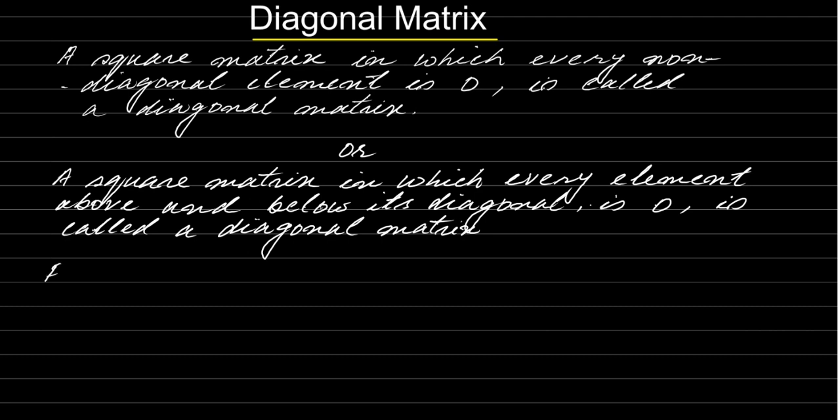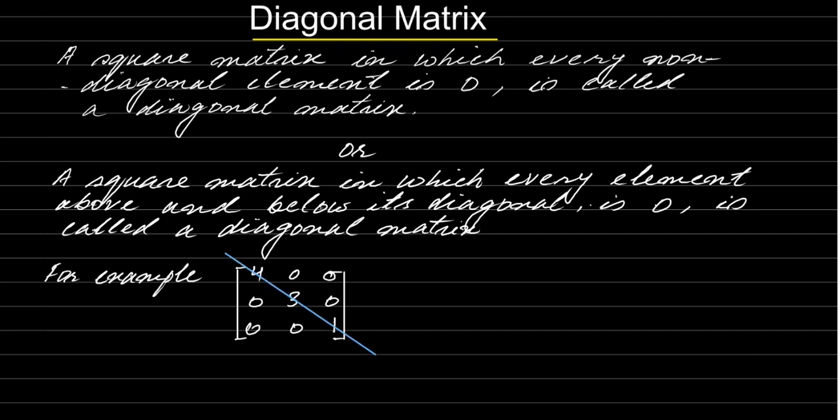For example, 4 0 0, 0 3 0, 0 0 1. So as you see, every element above and below the leading diagonal is 0. So this is a diagonal matrix.